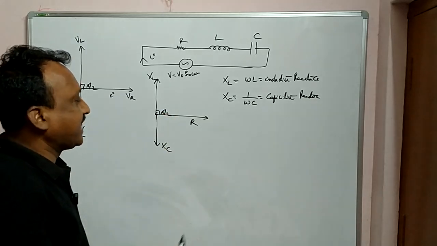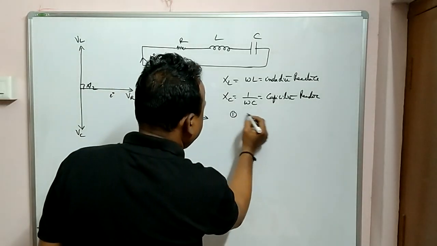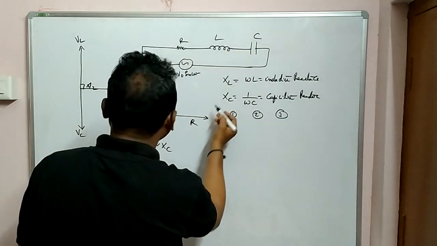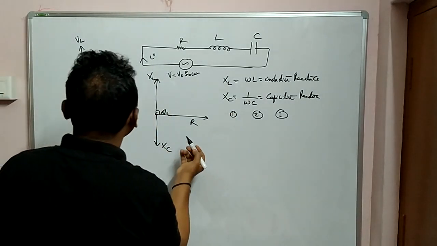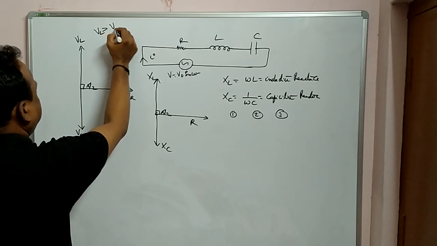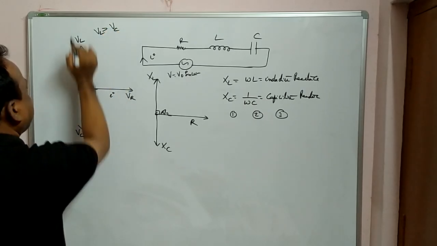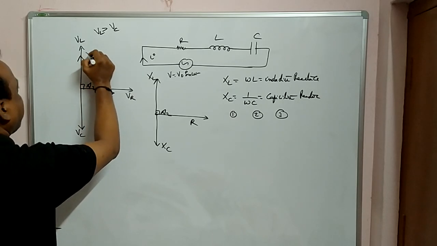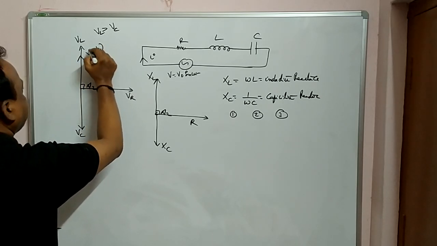Here you have discussed three cases also: case 1, case 2, case 3. Case 1, when VL is greater than VC, you have observed that the resultant will be in this direction. Resultant means the final: VL minus VC.